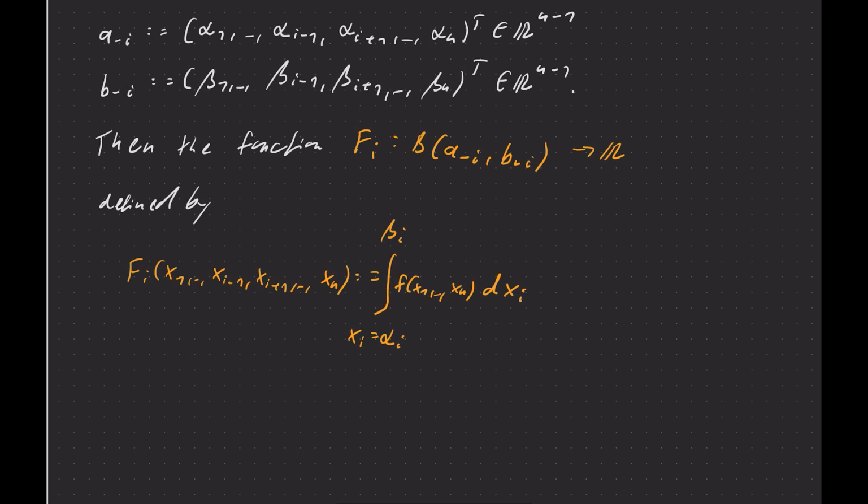So we integrate over just this one variable, use the limits for this one variable, and then you get a function that depends on one less variable, and that's what we call the ith parameter integral.